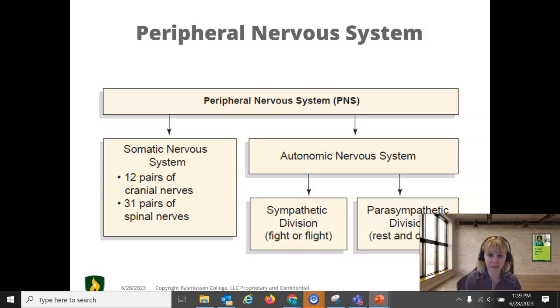And as if that's not confusing enough that we already broke down your peripheral system into two other ones, your autonomic nervous system then breaks down even further into what we call the sympathetic and the parasympathetic divisions. The sympathetic division regulates your body activities when an immediate action is required.